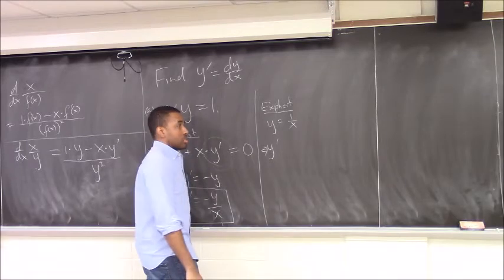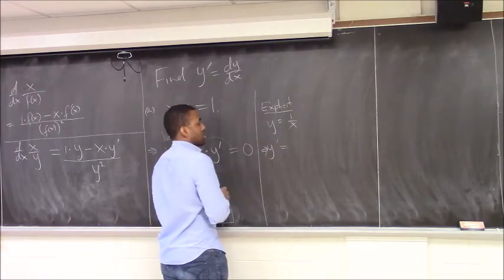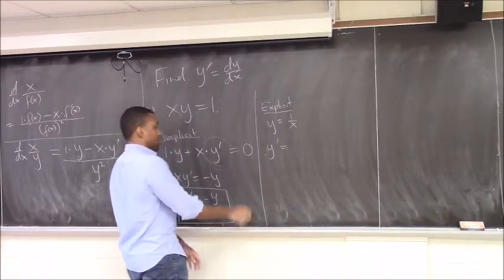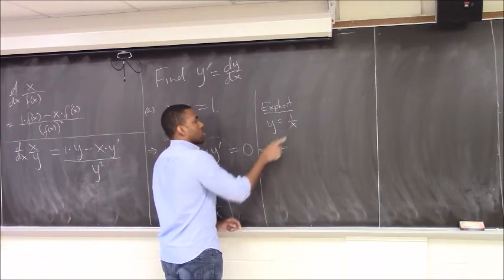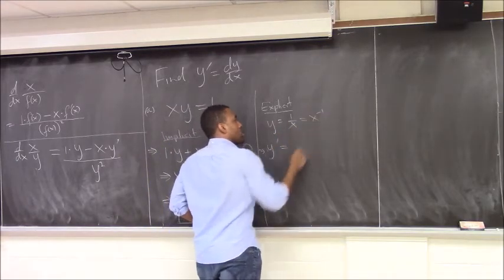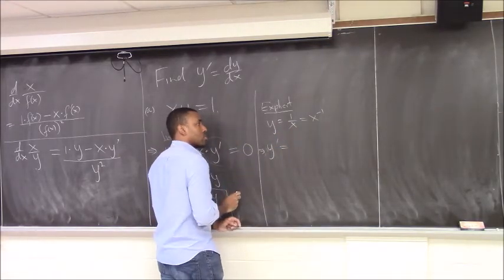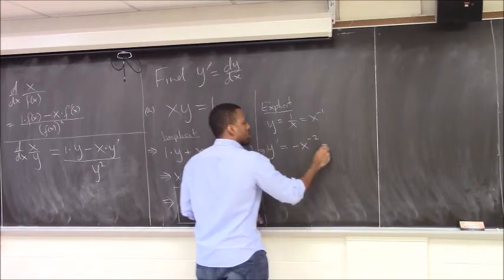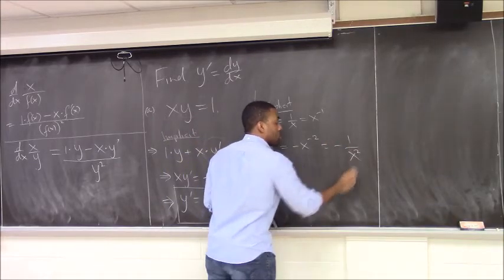So I could have solved for y, y equals x to the -1. This I think of as x to the -1, so how do I find its derivative? Power rule, which gives me -1 x to the -2, or this is minus 1 over x squared, in other words.